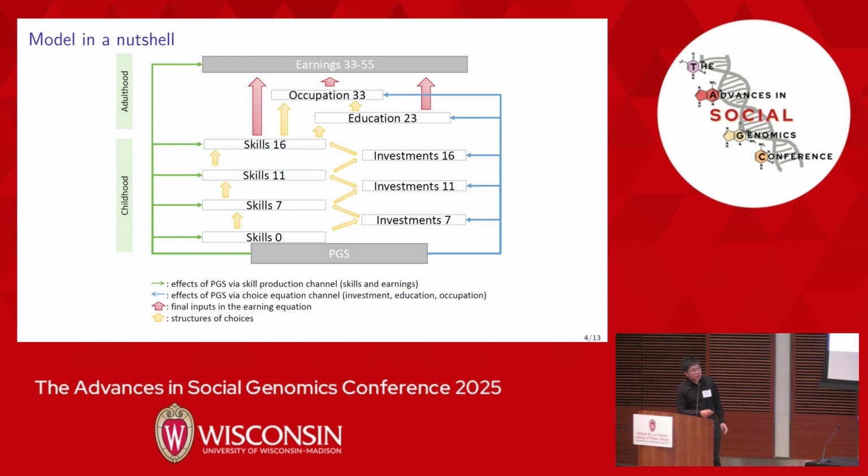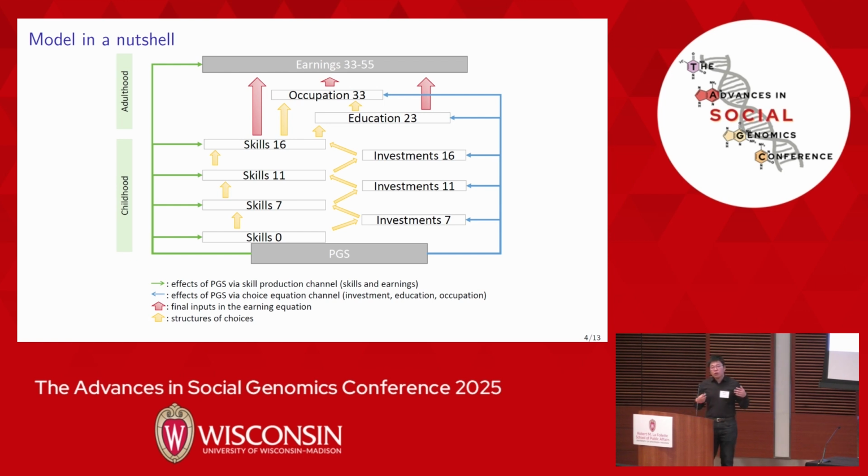The first type, the skill formation channel, we list on the left-hand side using green arrows. We have multiple measures of their skills at different stages of life during the childhood period, and these will eventually contribute to your final skills and therefore to your earnings.